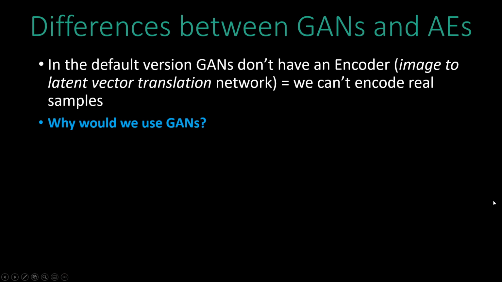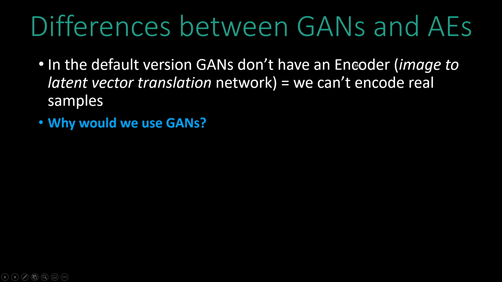Okay. Well, so what are the actual differences between GANs and autoencoders? Because we have seen that the interaction is similar. Well, the main difference is that autoencoders have the encoder part, while GANs in the default version don't have any encoder.